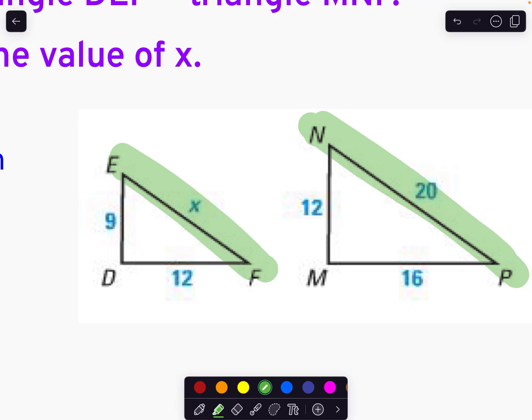In order to set up a proportion, I need 4 things in my problem. Those 2 green sides are 2 things, so I need to pick another set of corresponding sides to compare it with. So I'm going to also use ED and NM. I could have, if I wanted to, used these 2 sides, doesn't matter, but I just need to pick 2 that are corresponding.